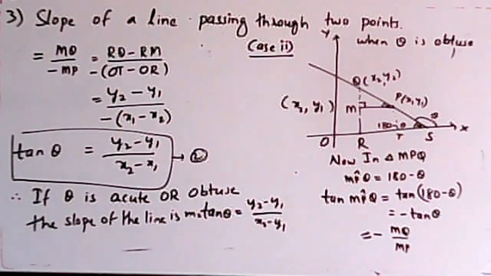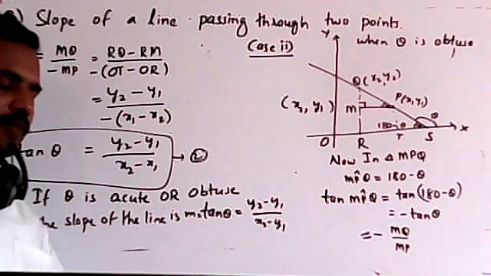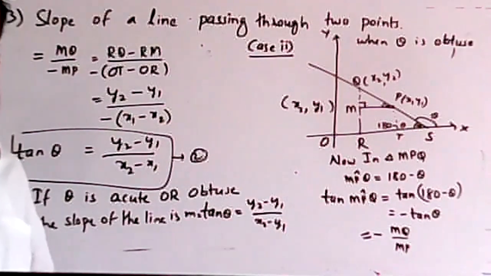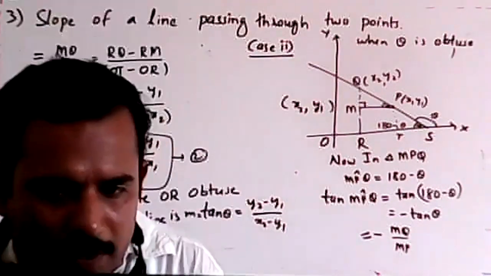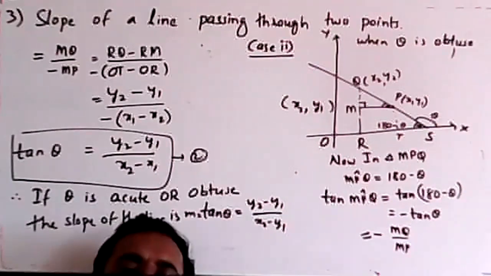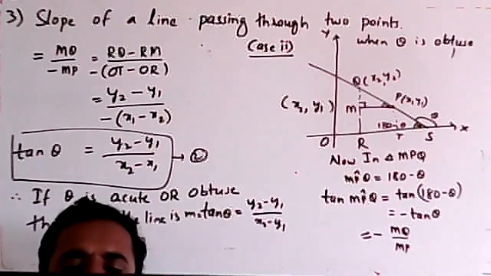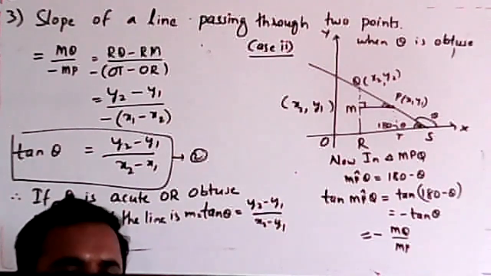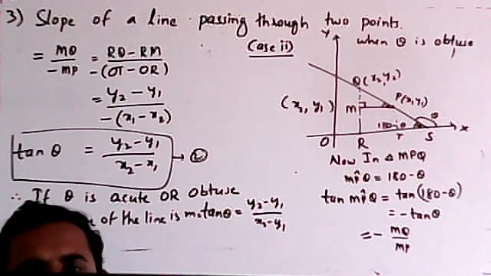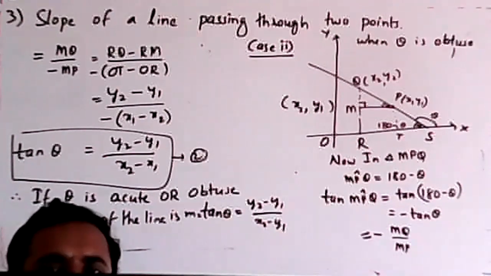So we have got the proof that whenever a line passes through 2 points, its slope can be given in terms of those points' coordinate ratio. Taking the coordinates of those points, I have given the ratio and got the slope of the line.